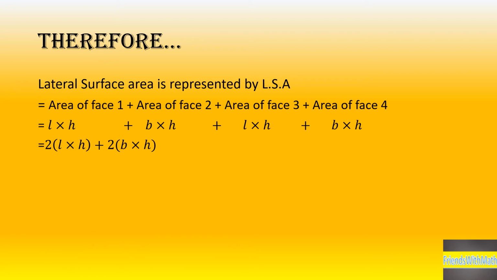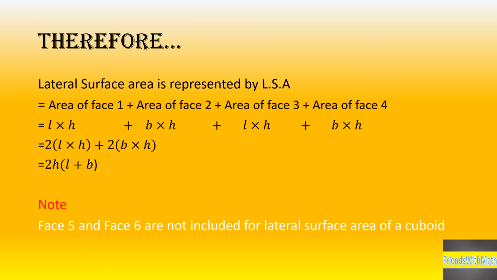So since we have 2 common, that is L into H is appearing 2 times. Similarly, B into H is appearing 2 times. So we can take it as 2 into L into H plus 2 into B into H. We can reduce it and write it as 2H into L plus B. So as I mentioned, area of face 5 and 6 are not included for lateral surface area of a cuboid.